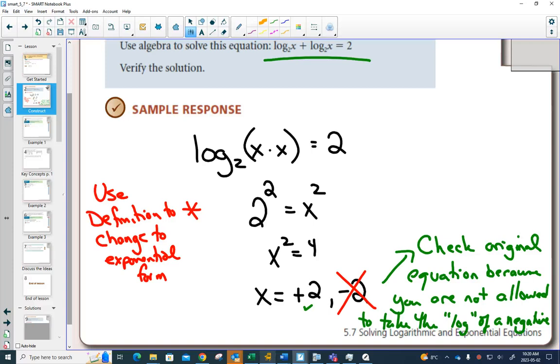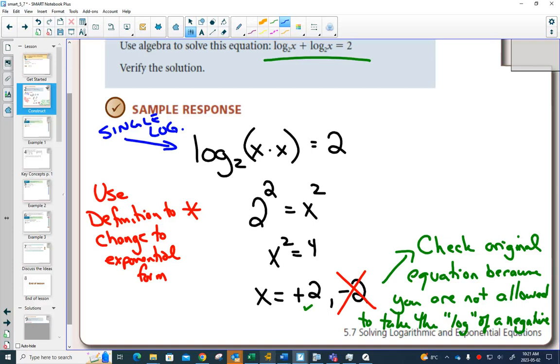This is the idea of solving a log equation. The key idea is you want to use the definition to change it to exponential form. But you can only use the definition if you have a single log. So the first step in solving a log equation will be, can I get a single logarithm?